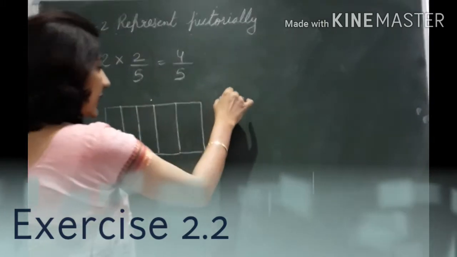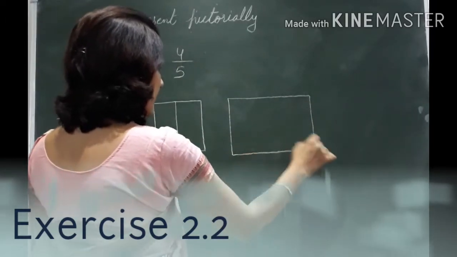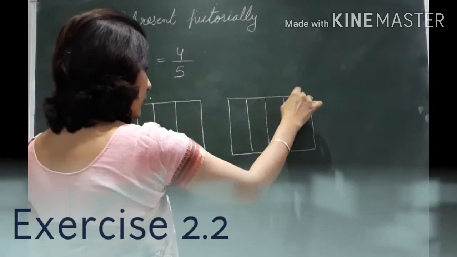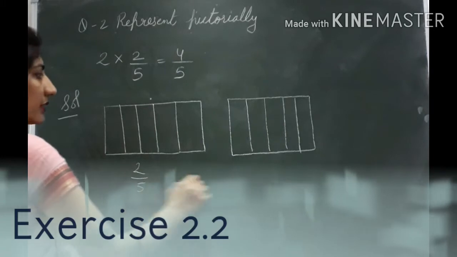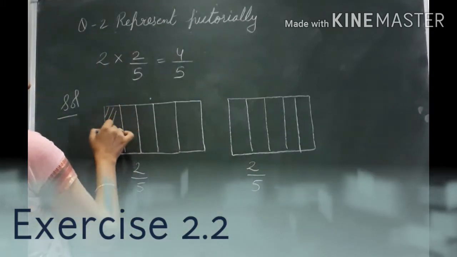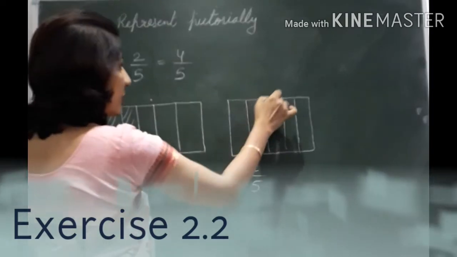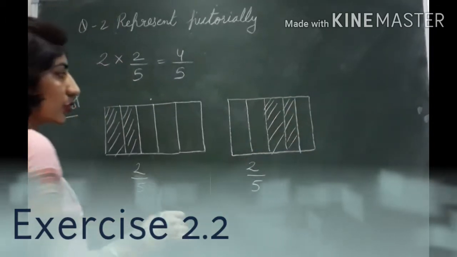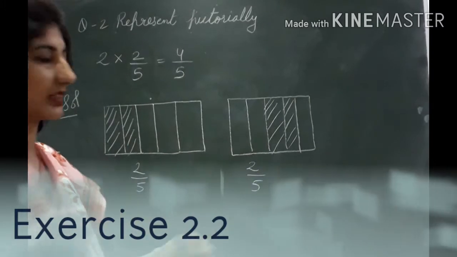Another rectangle same, I will again divide it into 5 equal parts, 1, 2, 3, 4, 5. So this is 2 by 5. This is also 2 by 5. I have to shade two parts. Here I am shading these two parts, first and second. Here I am shading these two parts. So total how many parts are shaded? 2 here and 2 here, 4 parts are shaded.